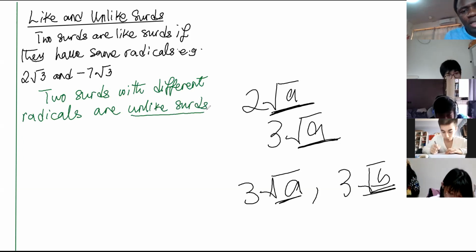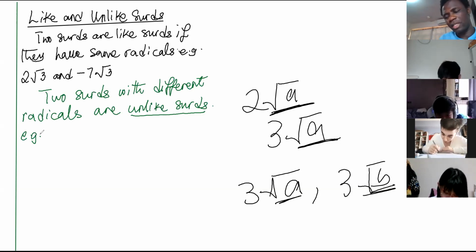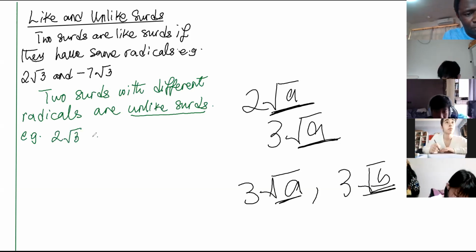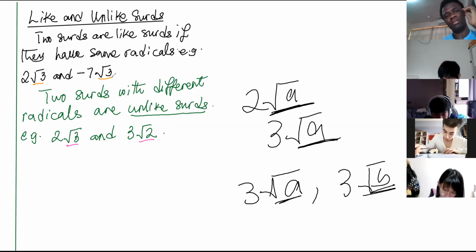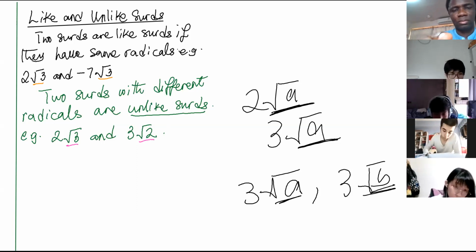Similar to what you know about like terms and unlike terms, they have to have the same variable. Just like in this form, it is in the form of a square root. So if you have 2 root 3 and you have 3 root 2, they are unlike surds. As you can see, their radicals are different: root 2 here, root 3 here. But in the first one, you have root 3, you have root 3. Does this make sense, everyone? Yes.